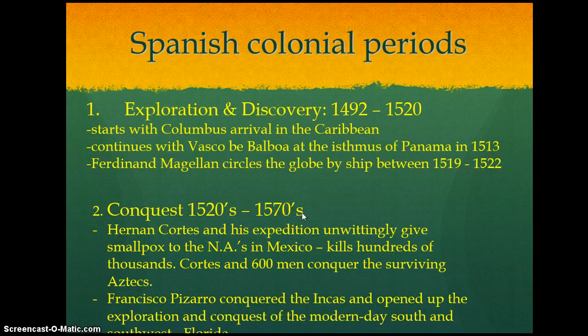So this lasts from roughly the 1520s to about the 1570s, and this is where you frequently hear in history, and it's pretty well known, the conquistadores, which was a general name for all of the Spanish military officers who were sent to the Americas to extract as much wealth as possible from the Americas and to wreck any kind of resistance to Spanish rule.